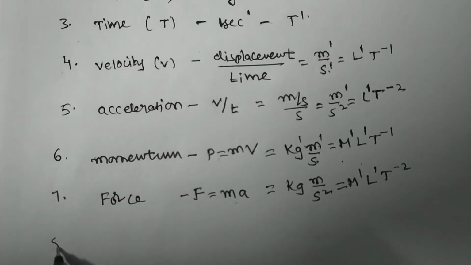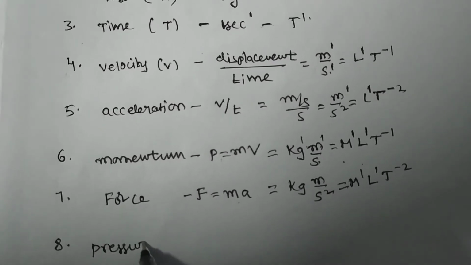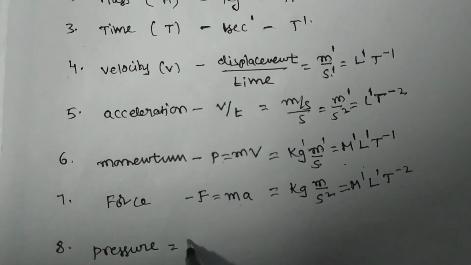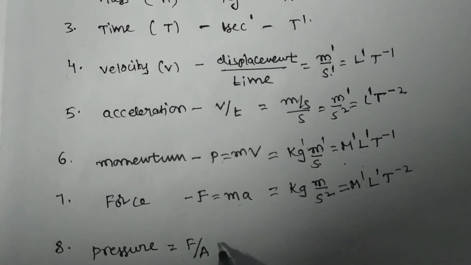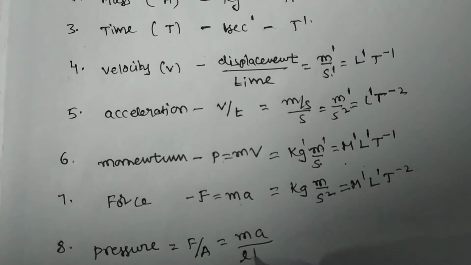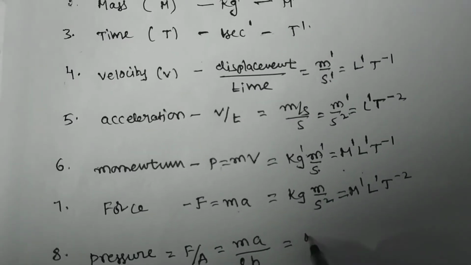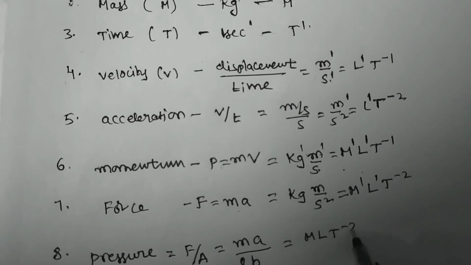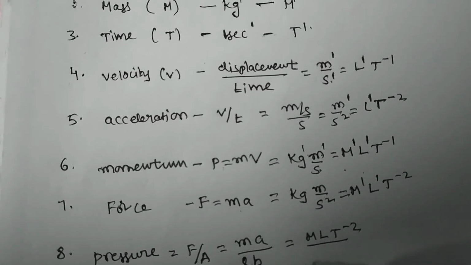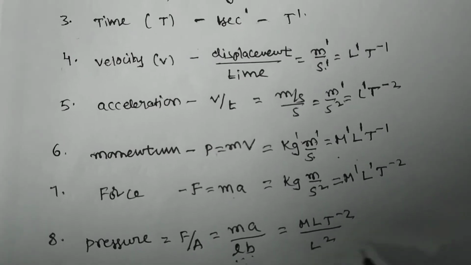Next, take pressure. Pressure is nothing but force by area. Force is nothing but mass times acceleration, and area is length multiplied with breadth. So M L T minus 2 by length and breadth, which are measured in meters, so L square.